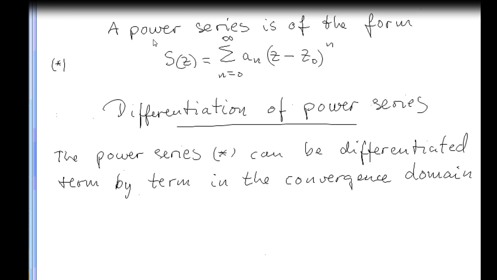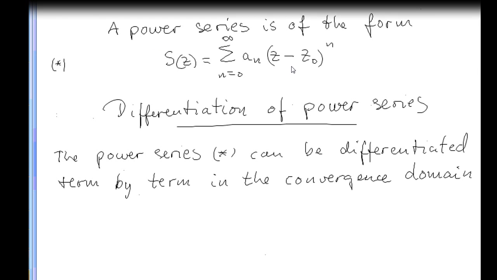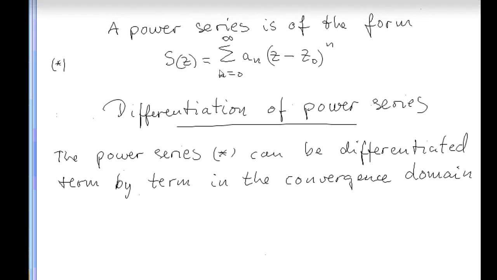This is not always the case for infinite series. However, for this type of series, the following result states that it can be differentiated term by term in the convergence domain.